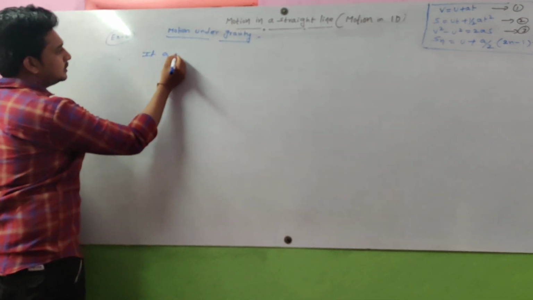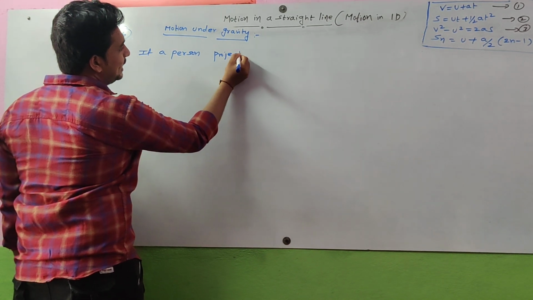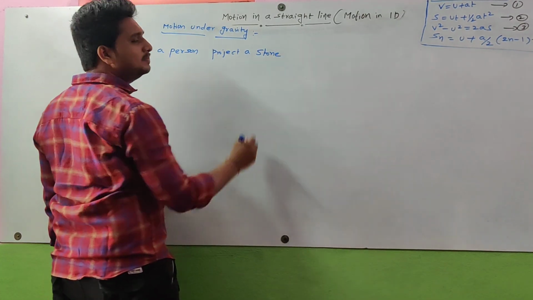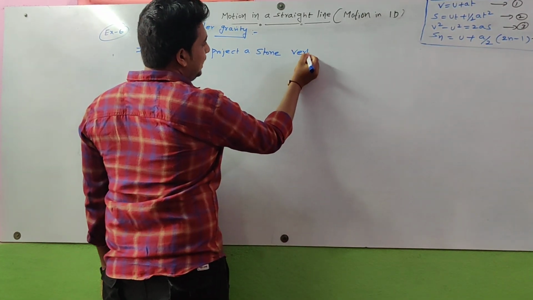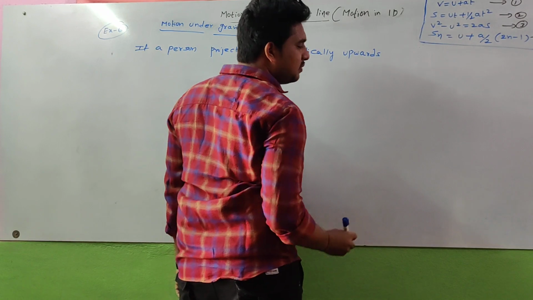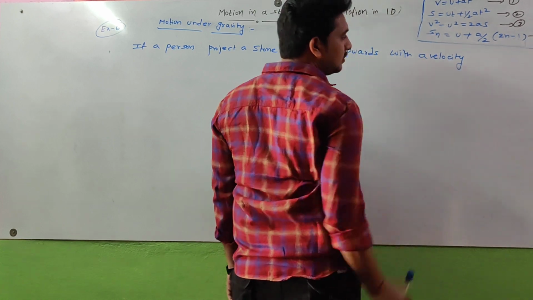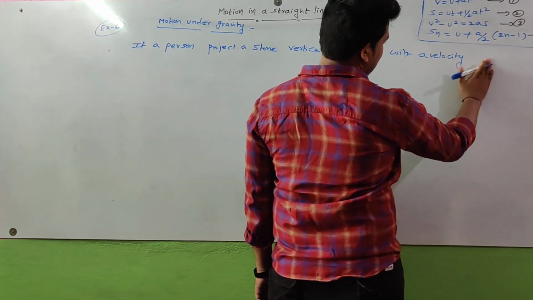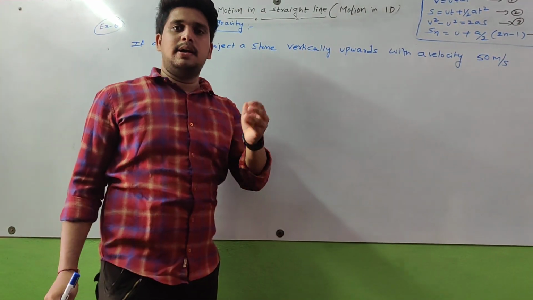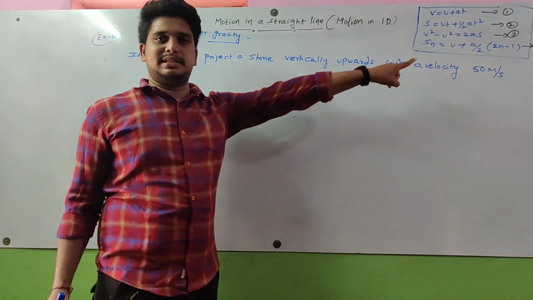If a person projects a particle, means projects a stone, vertically upwards with a velocity 50 meter per second.